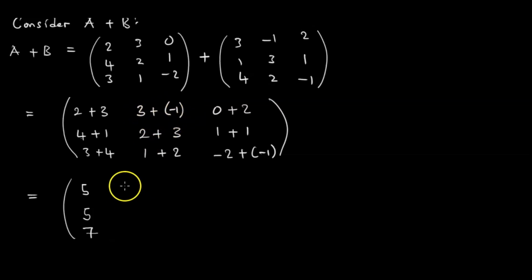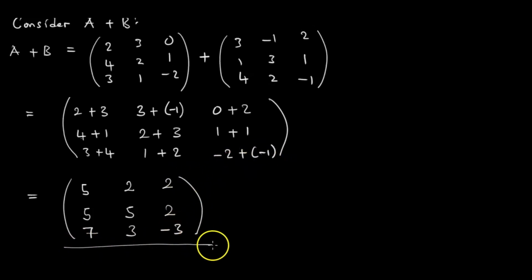So it's 3 minus 1 here, which is 2. 2 plus 3, 5. 1 plus 2, 3. 0 plus 2 is 2. 1 plus 1 is 2. Minus 1 plus minus 1 means minus 1 minus 1 to make minus 3. So this is the answer we are getting after adding A plus B.